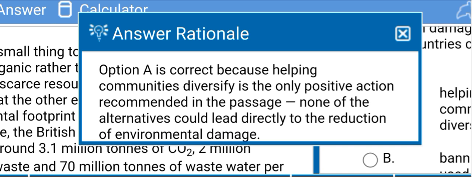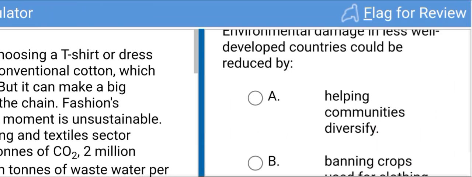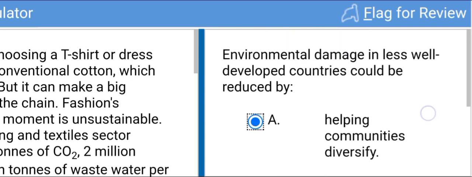So that's why we have option A is correct, which is helping communities diversify. So environmental damage in less well-developed countries could be reduced by helping communities diversify.